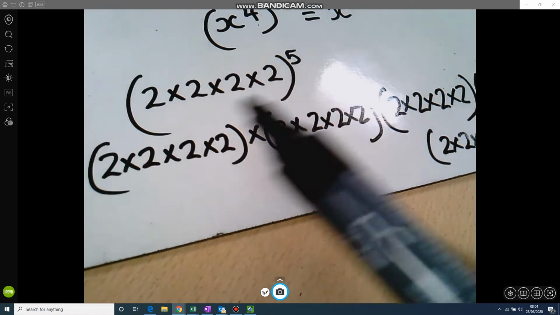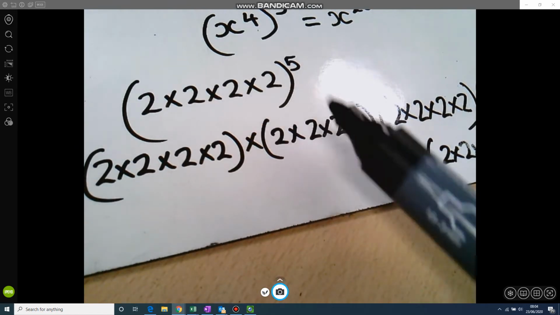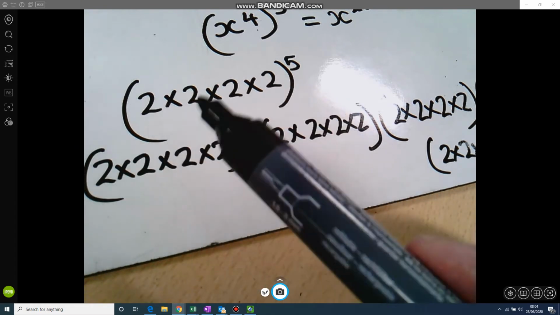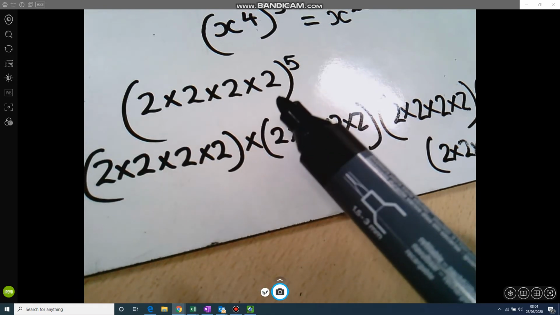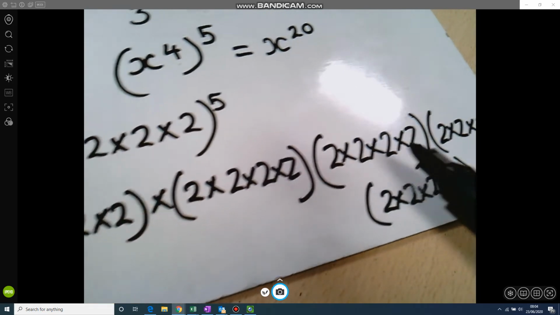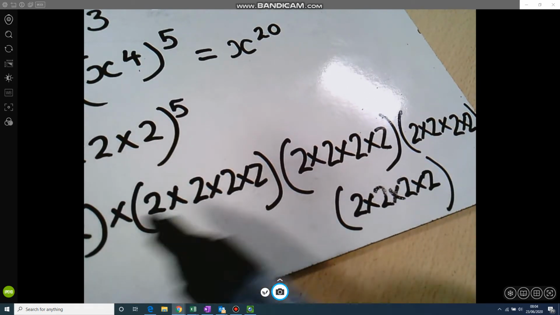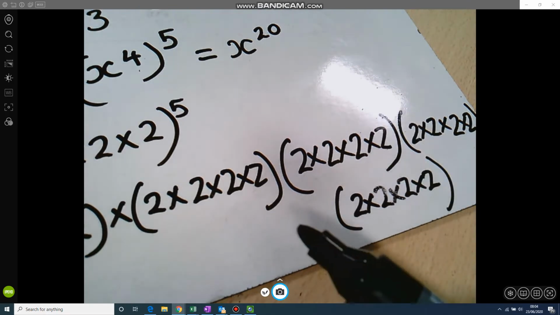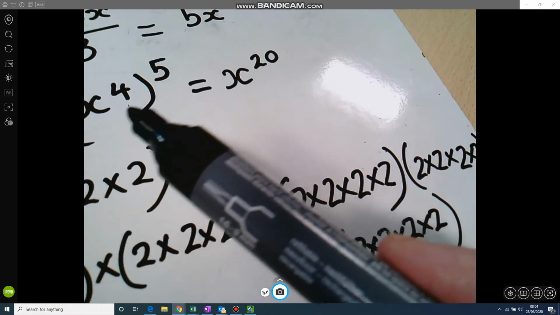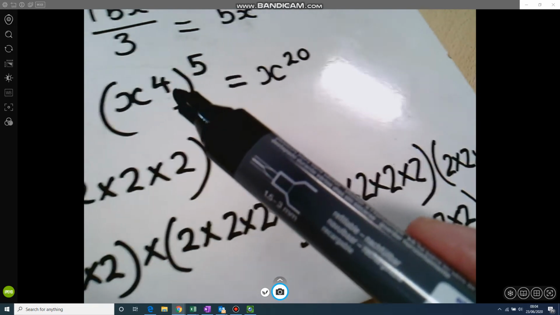Now, we can prove that by looking at this question, where we do 2 to the power 4, which is 2 times 2 times 2 times 2, to the power 5, which is expanded in this way, and then we end up with 20 sets of 2, and we have 20 here. So we can multiply the indices when we have this question.